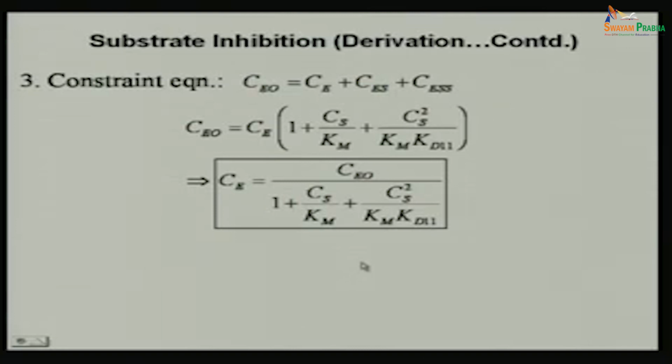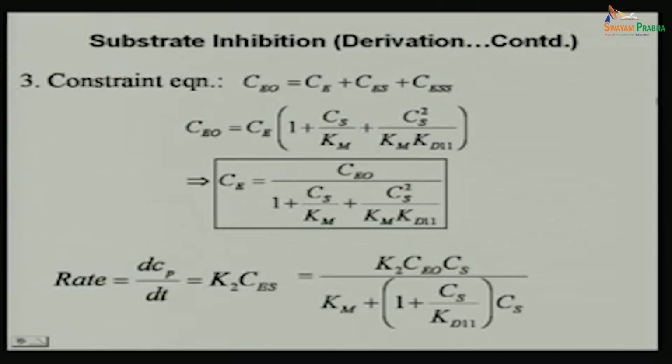So k2 times C_S, which is k2 times C_E0 C_S over this term. So this is what you get. So what is different between this rate that we got here and everything that we did before? Harush, what would be the difference between this rate we got here and everything that we have done before?